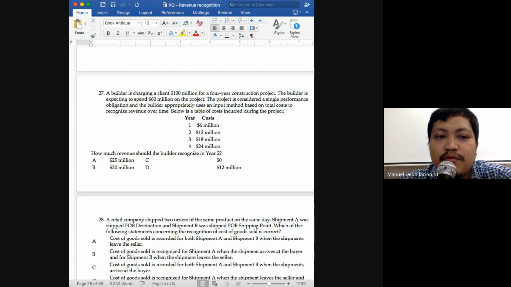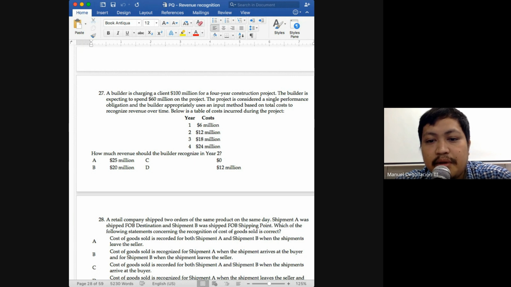How much is your cumulative revenue? 30% of 100 million, you would get 30 million. But that's cumulative, you have to deduct the previous year. How much was the revenue previous year? Solve for the percentage of completion in year 1. 6 million divided by 60, that's 10%. 10% of 100 million is 10 million. Deduct the 10 million from the 30 million, your answer would be 20 million.